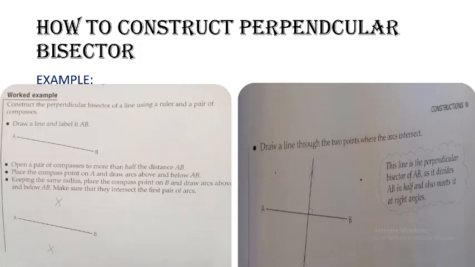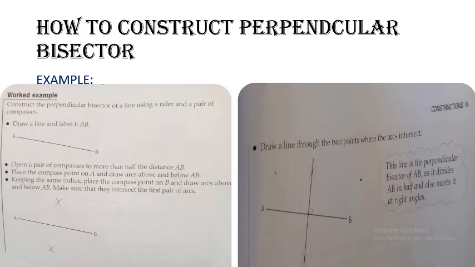Now the question is how to construct a perpendicular bisector. So here we have a worked example. You can find this in your textbook. The question says: construct the perpendicular bisector of a line using a ruler and a pair of compasses.